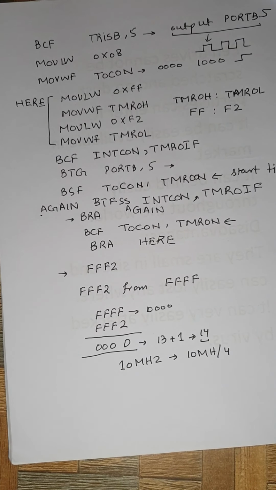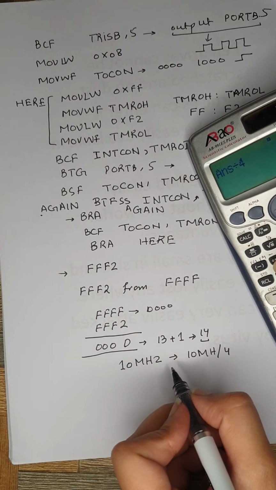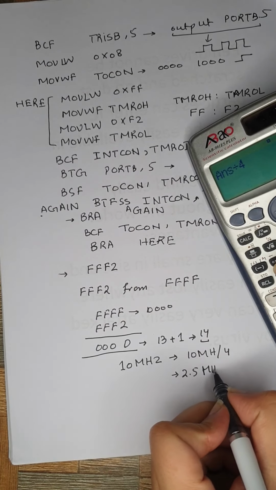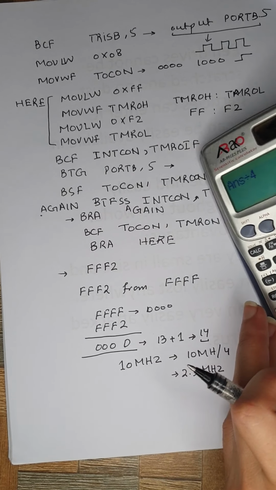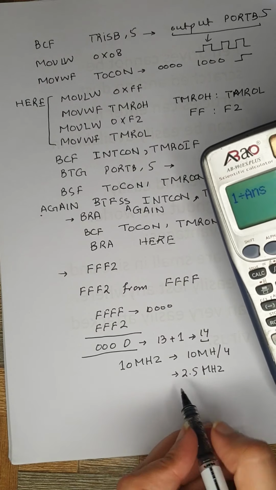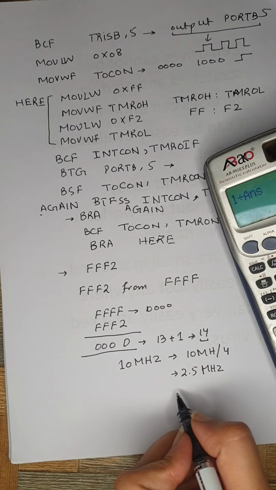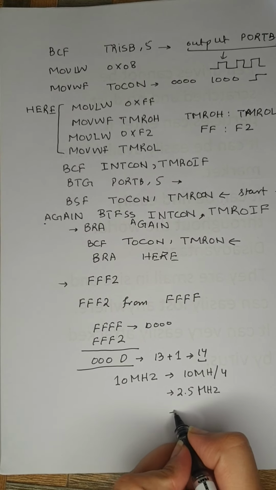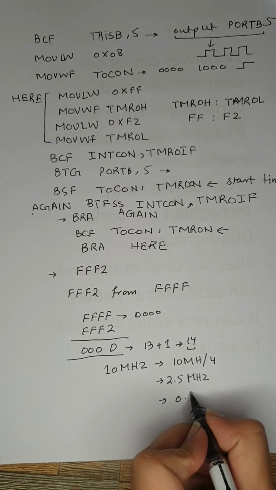So when you divide 10 megahertz by 4, you will get 2.5 megahertz frequency, and when you take the reciprocal of it, you will get the value that is equal to 0.4 microseconds.